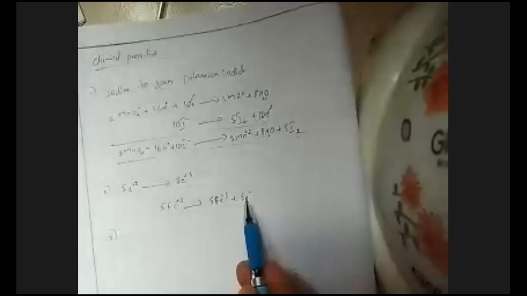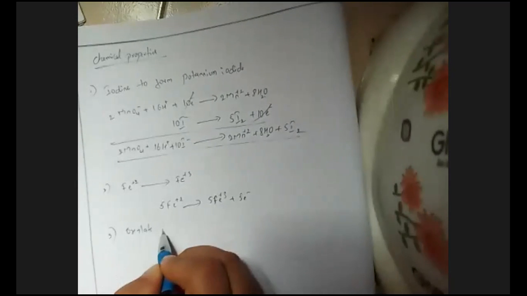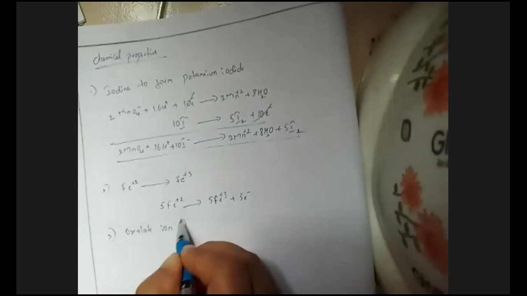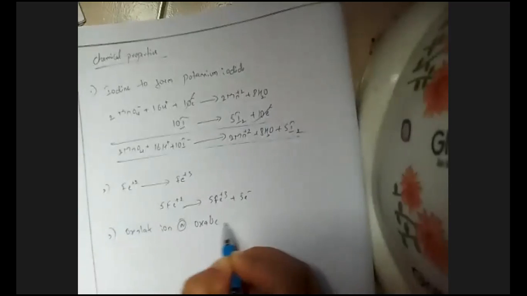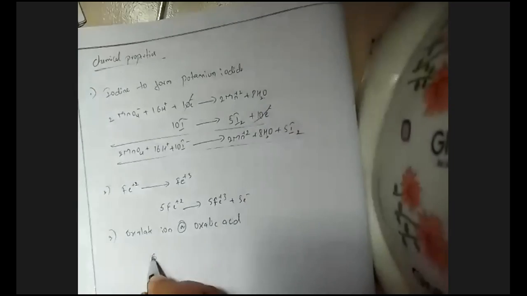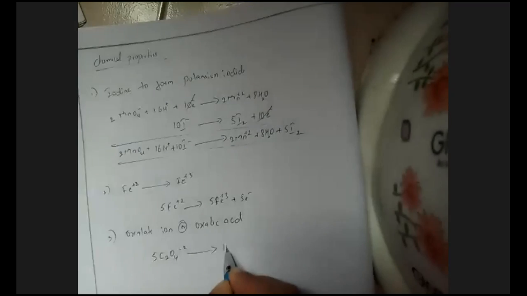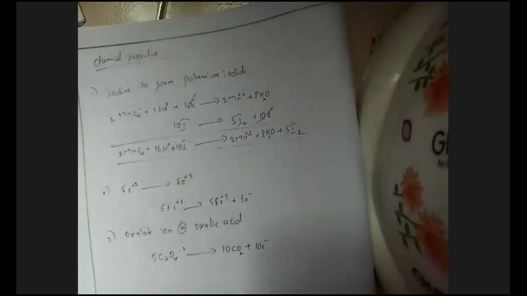Same, first write the manganese reaction and you will put this reaction and you need to write the overall reaction. Then third one, it's oxalate ion or oxalic acid. Both are the same. One is the IUPAC name, one is the common name. So the reaction will be like this.